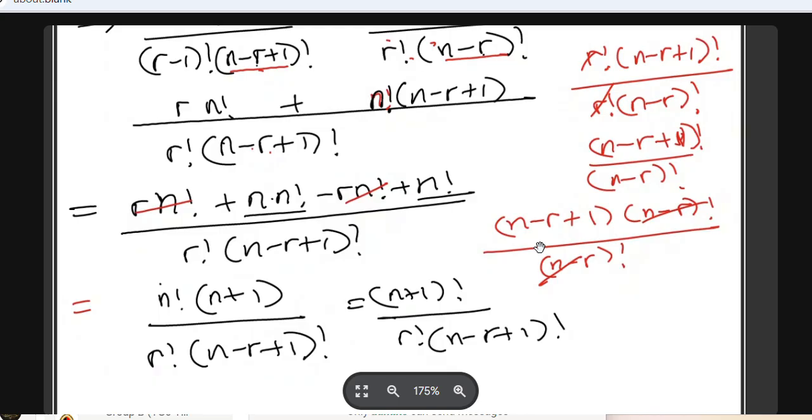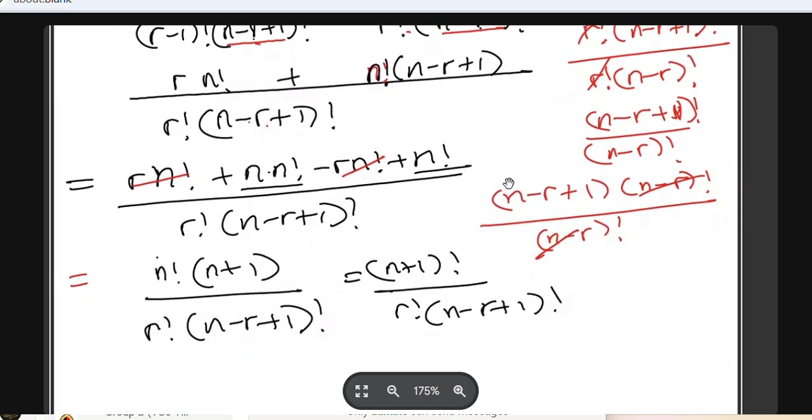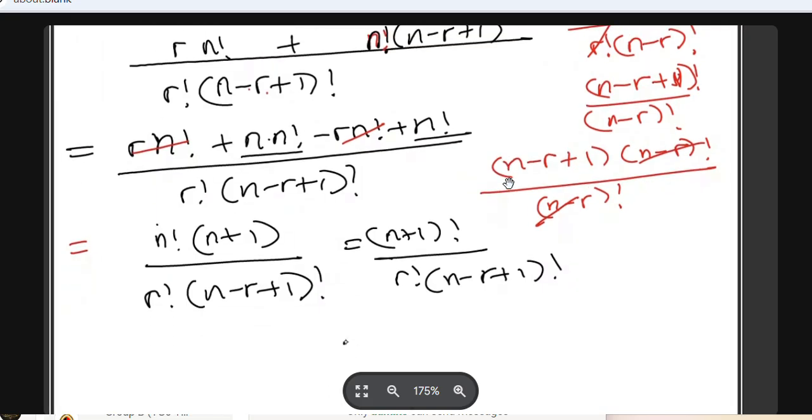So now what is this equal to? We have this fraction, (n plus 1) factorial over r factorial (n minus r plus 1) factorial. On top we are going to have n plus 1, then in the bottom we are just going to have r, because when you expand this, it will give you that. That's how we do it.